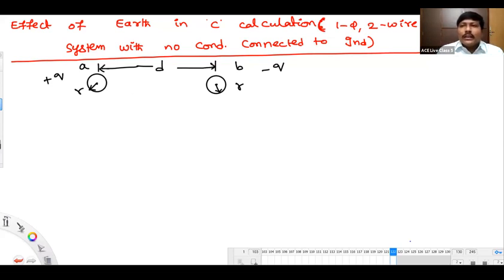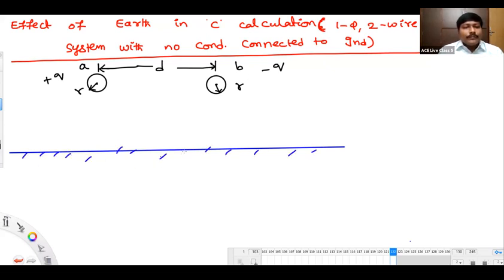Let me show that level. It is the ground level I am showing. So it's a ground or earth plane, you can say.